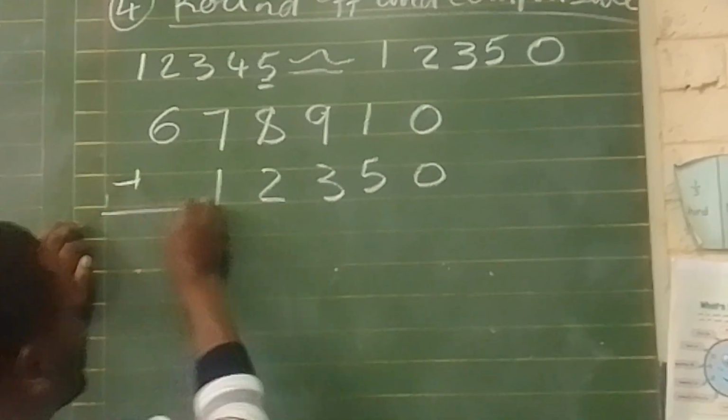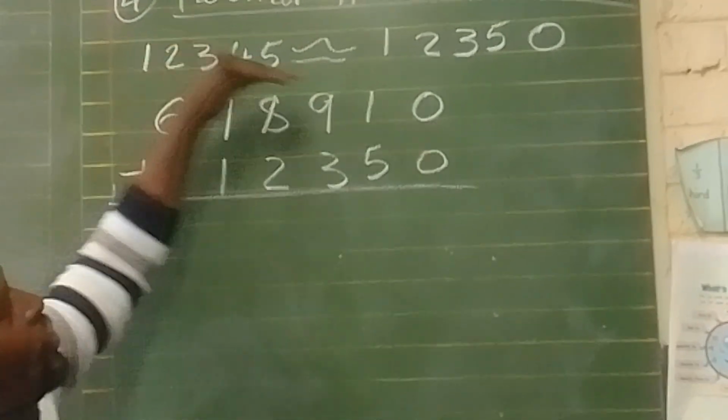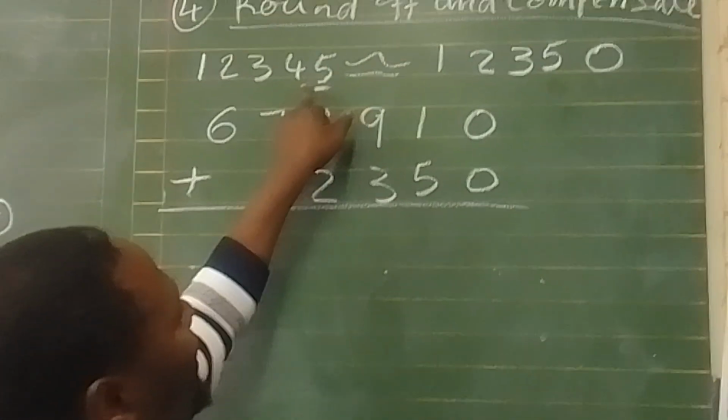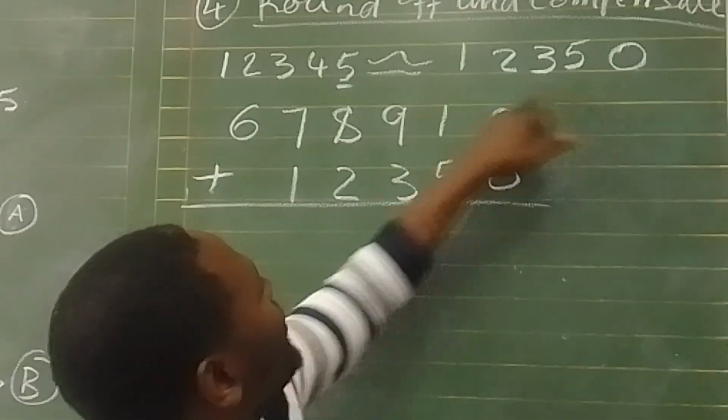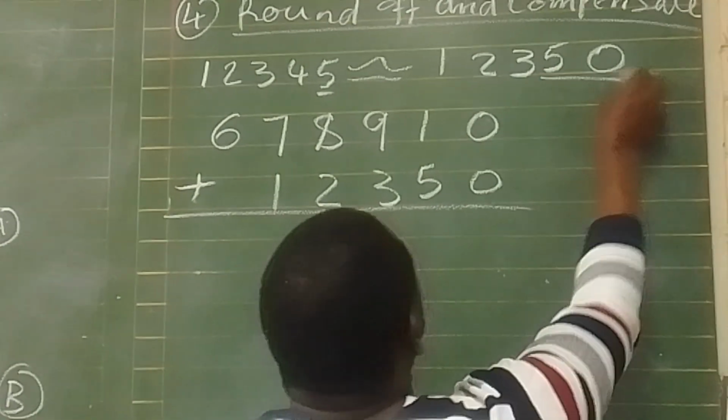You add. Remember, here we have rounded off. After rounding off, you see what we have done here? We have added 5 from this. This is 45, this is 50. I want you to consider these two numbers.